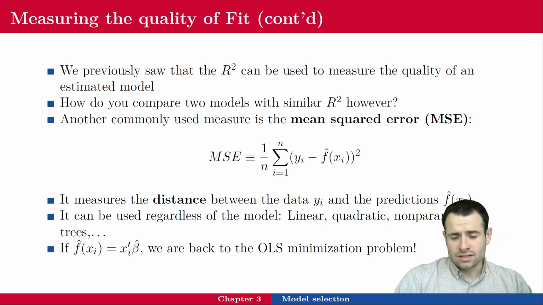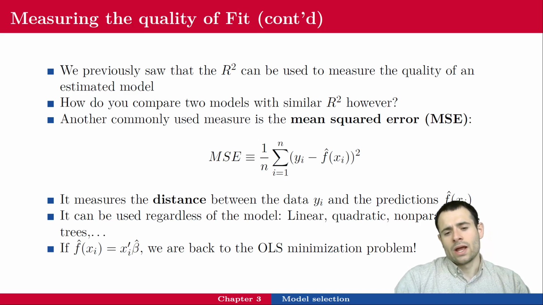And if my f hat is equal to xi prime times beta hat, we are back to the OLS minimization problem. Plug xi prime beta here, and if you minimize this function, you obtain the OLS estimator. So the OLS estimator minimizes the in-sample mean squared errors.